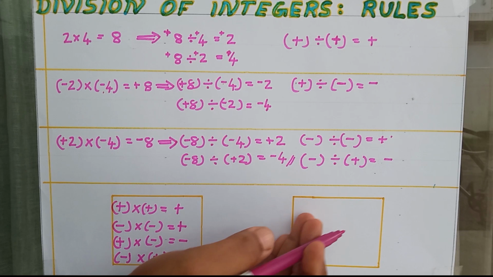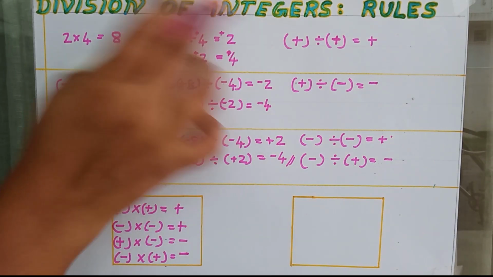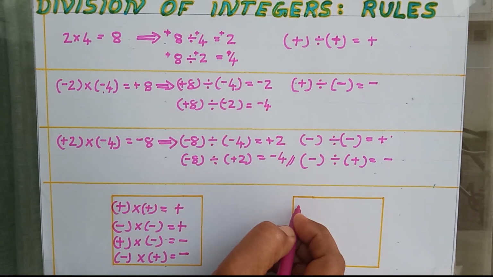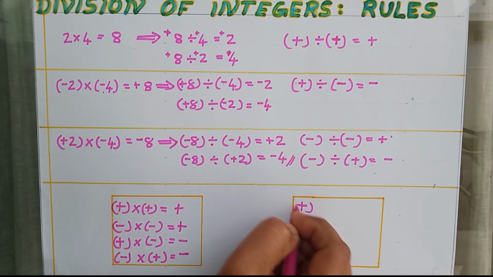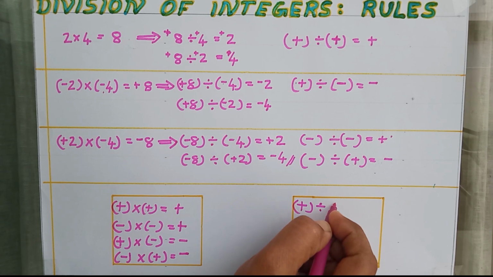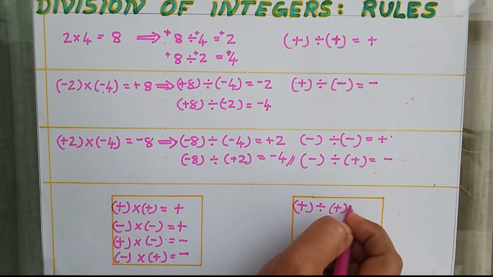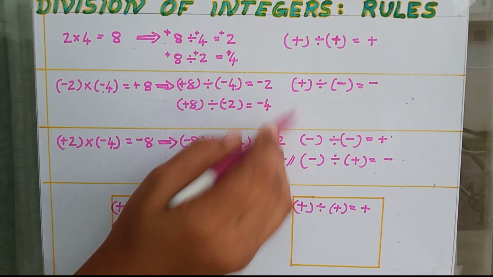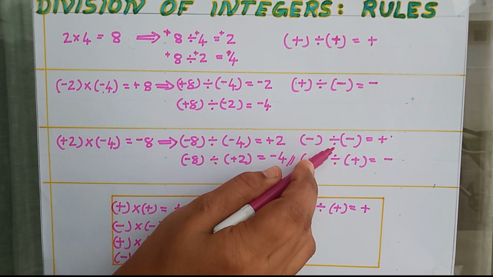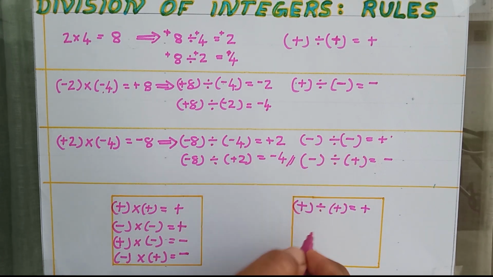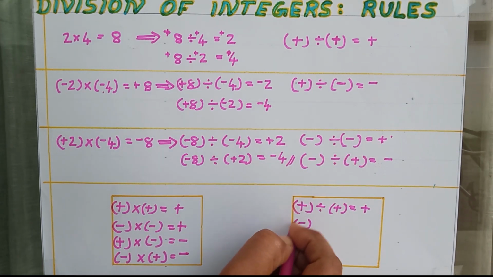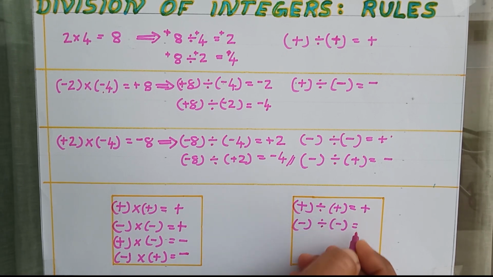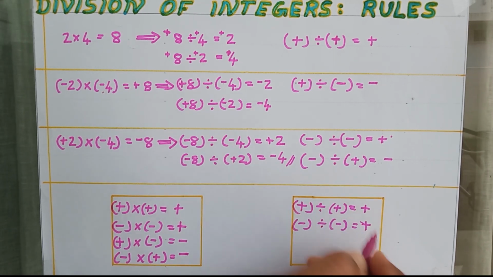From here I am going to rewrite the rules for division of integers. See, positive divided by positive equal to positive. Then negative divided by negative equal to positive.